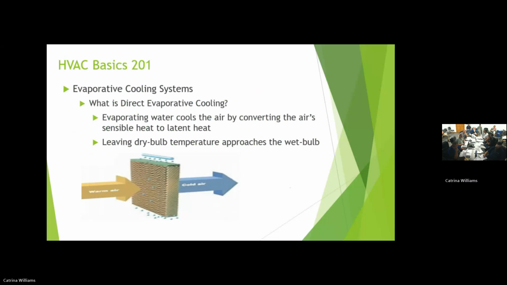So again, you don't want to recirculate with direct evap. It's just going to become a rainforest. Going through one time and then blowing it out in the exhaust, they work great. You bring a lot of air into the building, cool it down, blow it out.